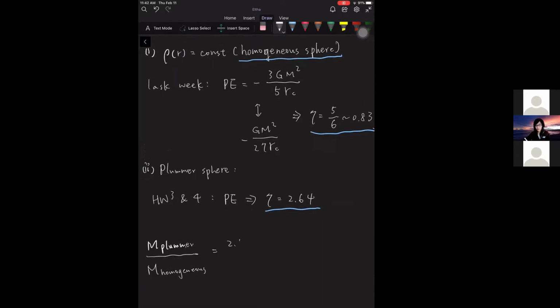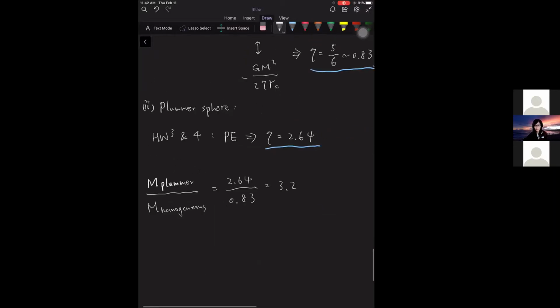So the mass ratio would be 2.6 over 0.8, and that's 3.2. This means if the density distribution is a Plummer sphere, then the mass would be 3 times larger than with the uniform density assumption. Okay, so this is a huge difference.